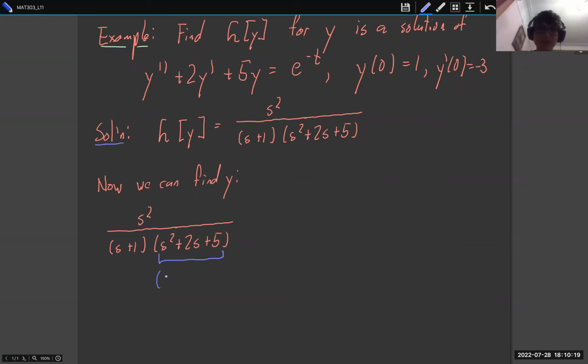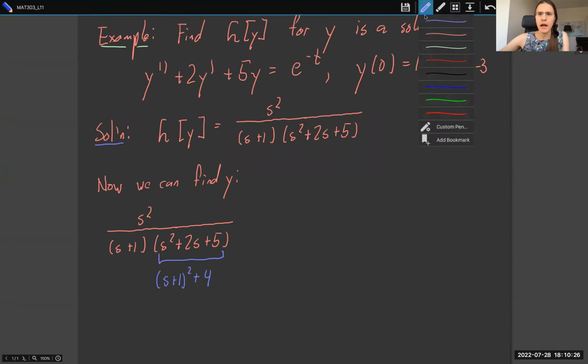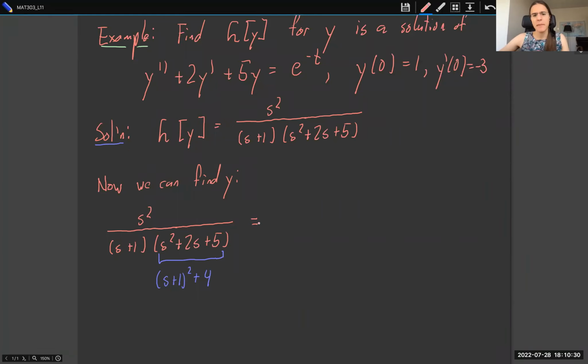S plus 1 squared plus 4. Good. And so how we're going to do partial fractions is actually maybe a tiny bit different than how you did partial fractions in calculus, although I think that when I was doing calculus B, I also taught partial fractions in this way.